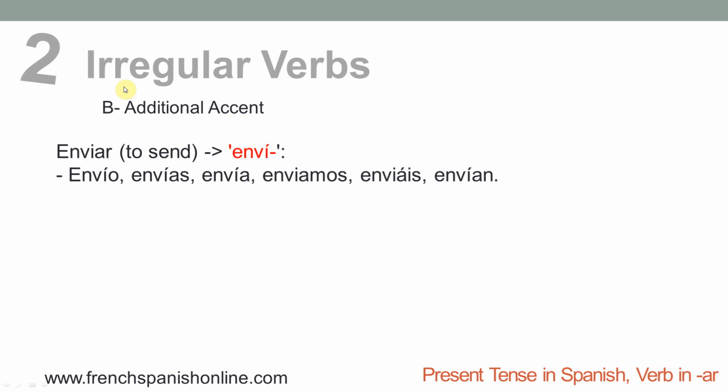Another type of irregular verbs are those that have an additional accent. For example, here the verb enviar, to send. As you can see here, the stem gets a little accent on the letter I. This accent is to stress the pronunciation of this letter. So you will say envío, envías, envía, but now enviamos, enviáis, and again envían.